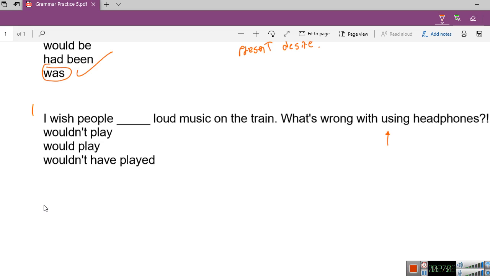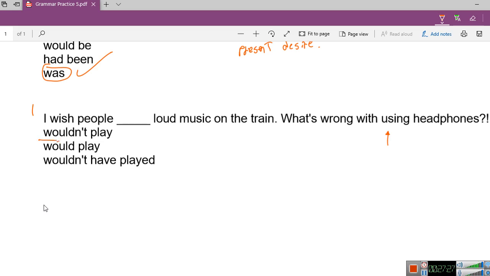If I'm annoyed about loud music, do I want people wearing headphones or do I want people listening to loud music? I wish people wouldn't play loud music on the train. What's wrong with using headphones?